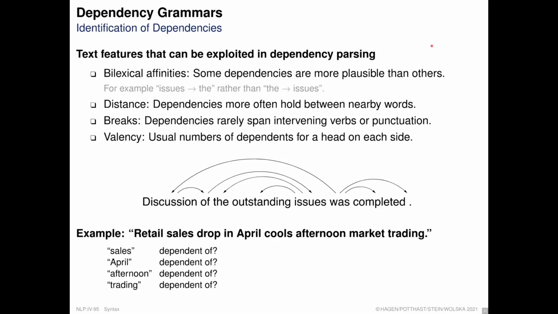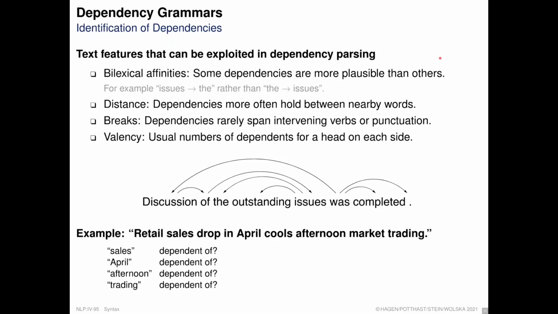Some of those parses will be valid alternative parses. Some will represent spurious ambiguity. But there are certain signals that serve as guides to identifying the probably intended parts of a sentence. So some dependencies are basically more plausible than others.